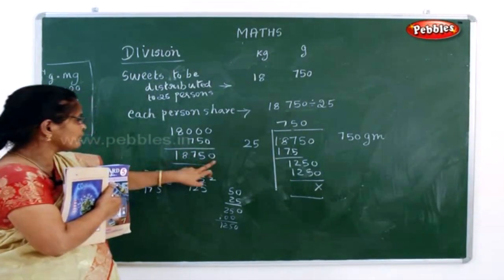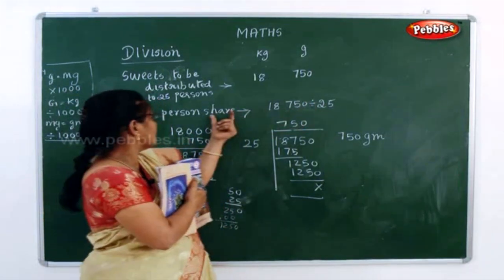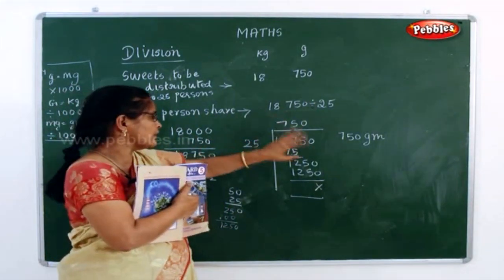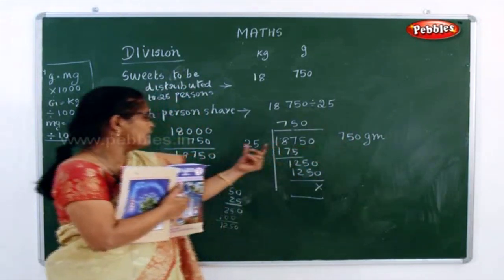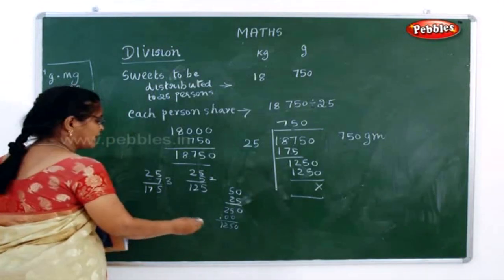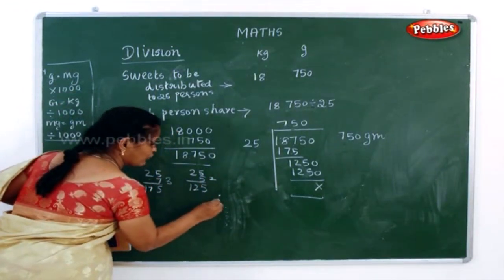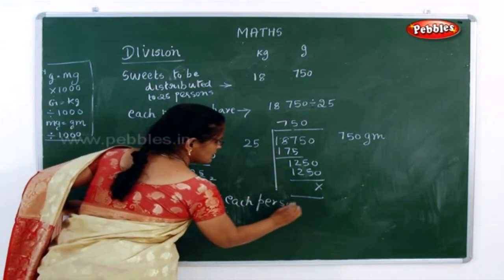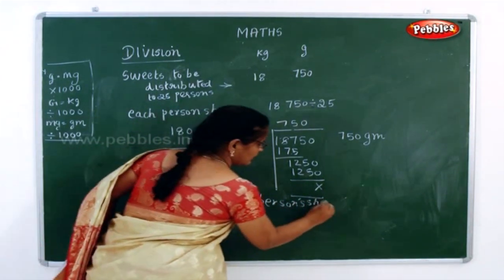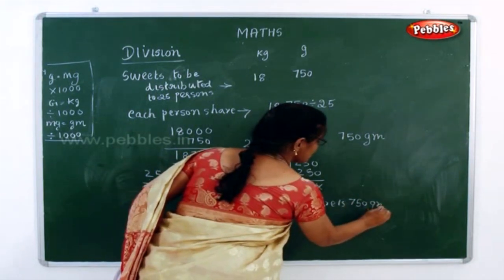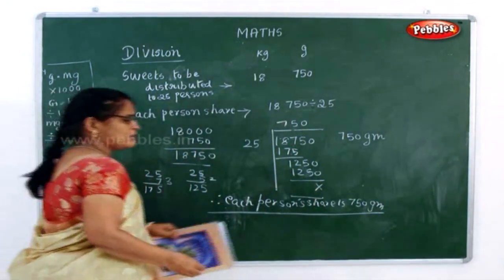This 18750 you have to divide with the number of persons. How many persons are there? 25. So you get 750. So one person will have 750 gram. So each person, so finally what you will write here? Therefore each person's share is 750 gram. So this is how you have to do your statement sums.